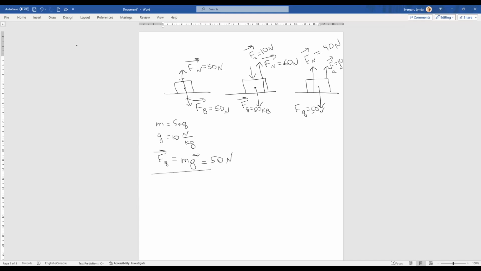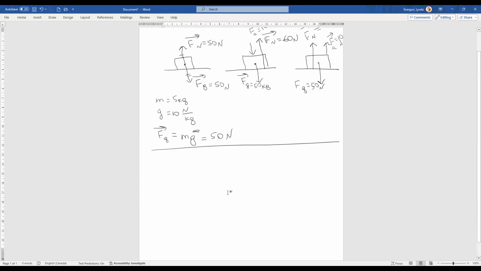Okay, so if you push the object at some angle, let it be an angle of 30 degrees, because it's easier to find the sine of 30 degrees. The opposite side. So let the applied force be 10 newtons. Force of gravity, let it be the same, 50 newtons.